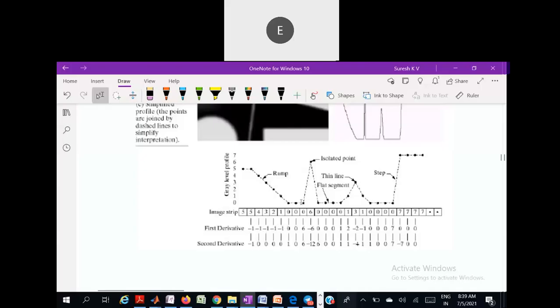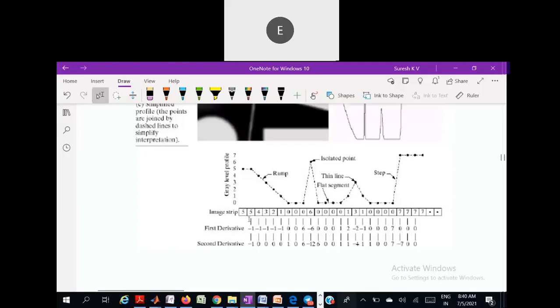Wherever the input is constant, the corresponding first order derivative is 0. Near the isolated point, what you see is there is an edge, as you can see. When it is 0, it is 0. When it is constant, it is 0. Only when there is a step edge, you could see a non-zero value here. This is first order derivative.